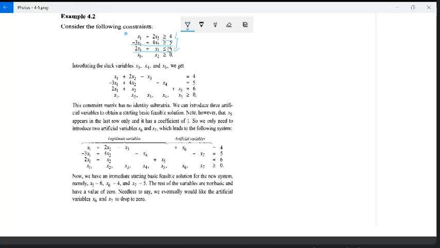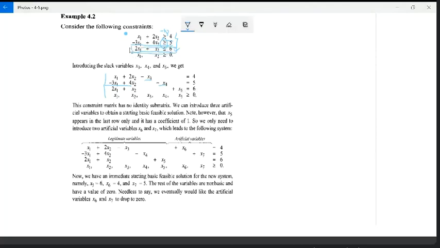Okay, we change these constraints: x1 plus 2x2 minus x3 equals 4, constraint 2 minus x4 equals 5.